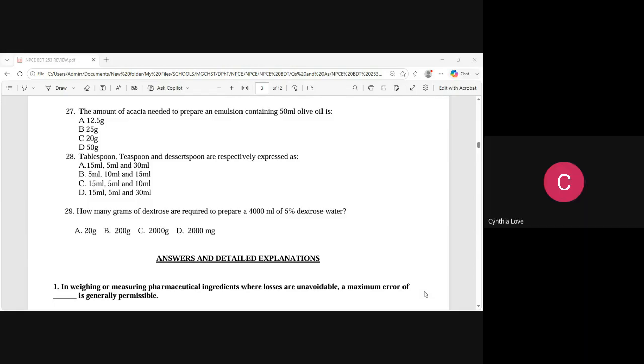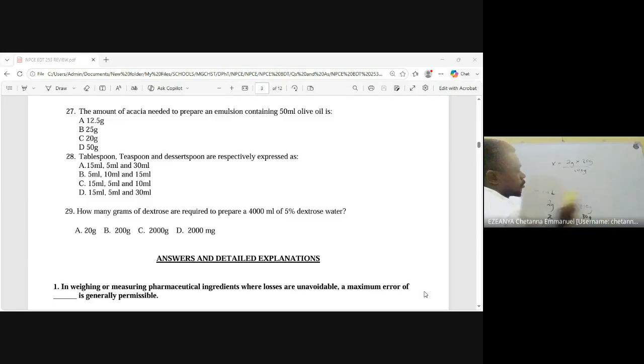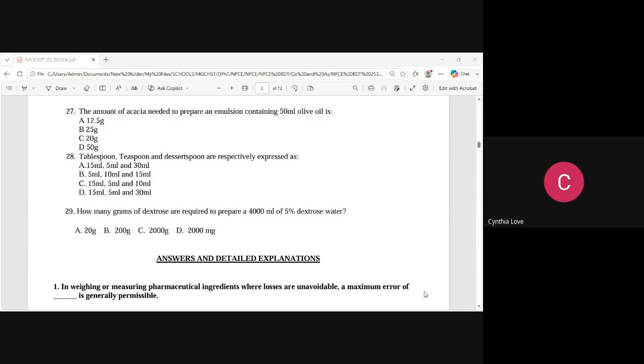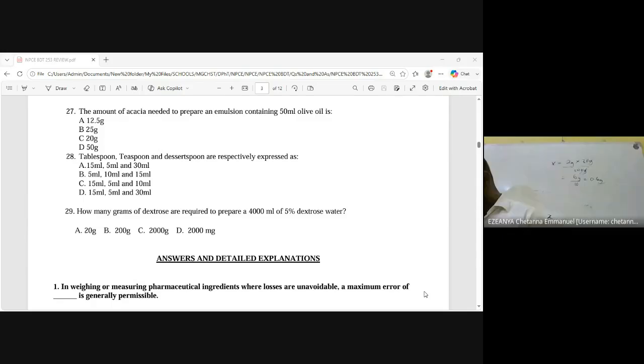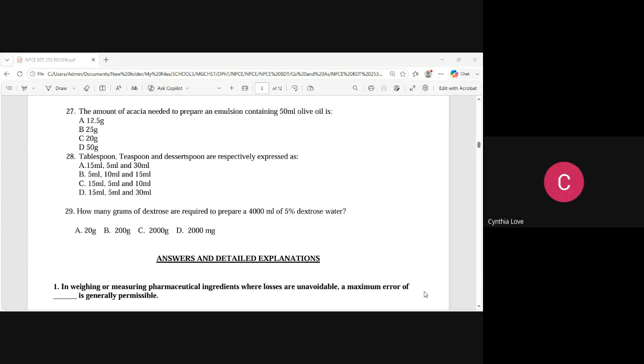So if you punch your calculator well, 1 gram will cancel 1 gram. So 2 grams times 3 is 6 grams over 10, which is 0.6 grams. Does it make sense? Yes, sir.